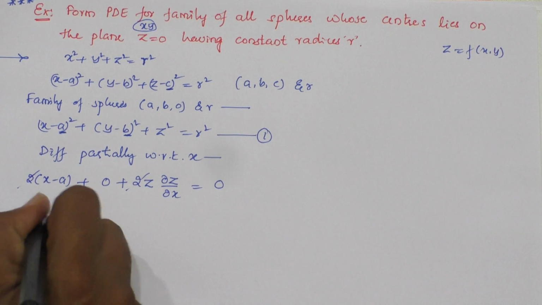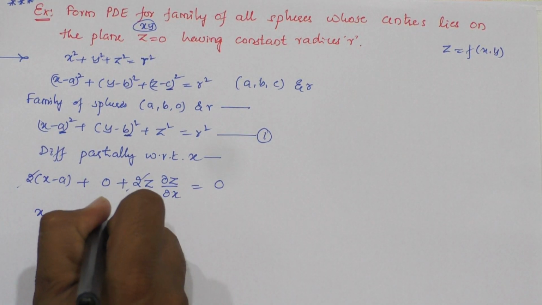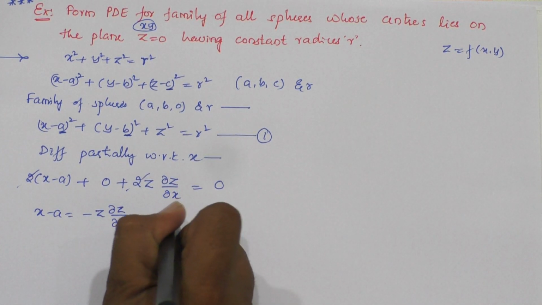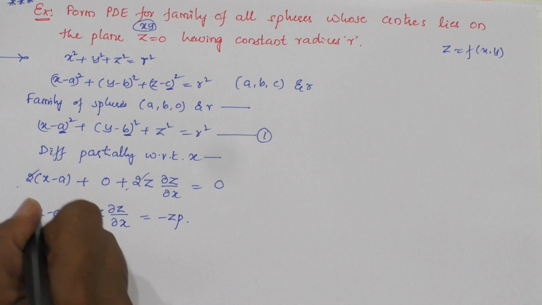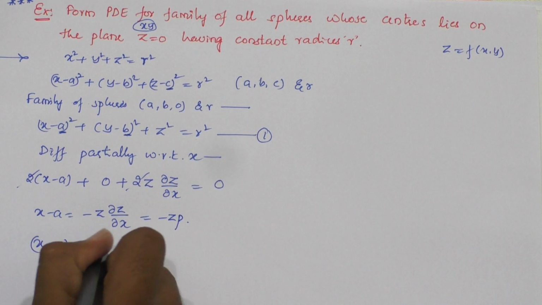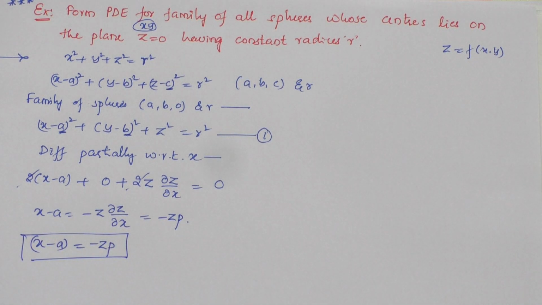So x minus a equal to minus z dou z by dou x, or minus z p, as dou z by dou x is p. So x minus a we get as minus z into p. So one thing we got.